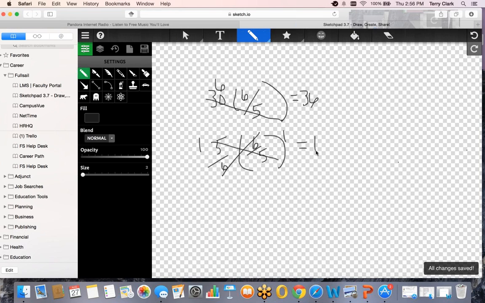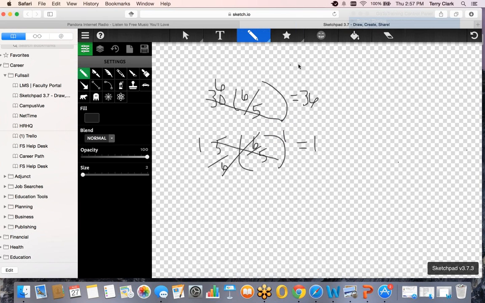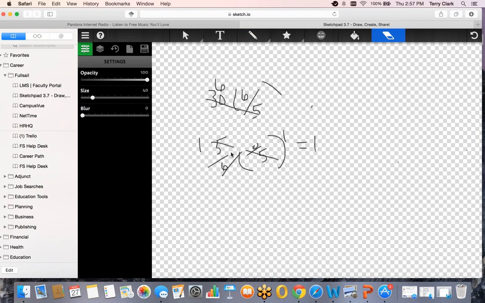Anytime you multiply something by its reciprocal, it will always be 1. So that's why we always choose the reciprocal like that. All right, so that's that.